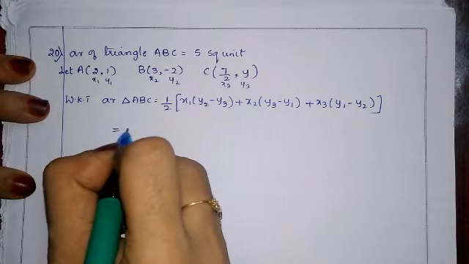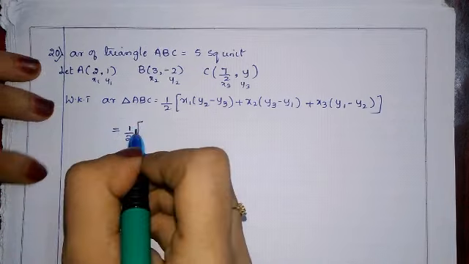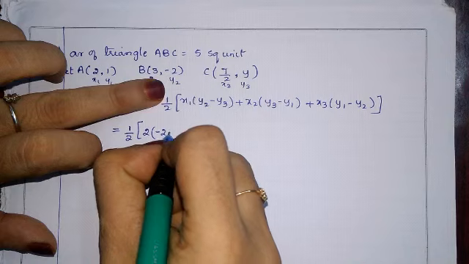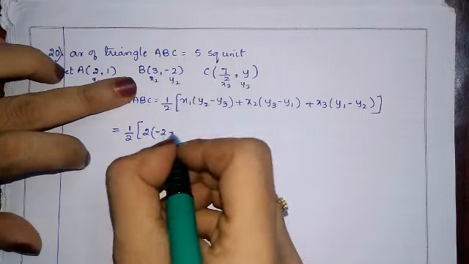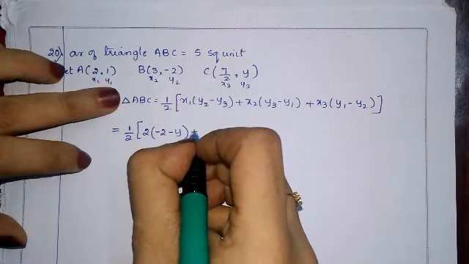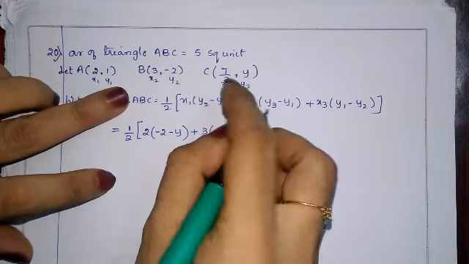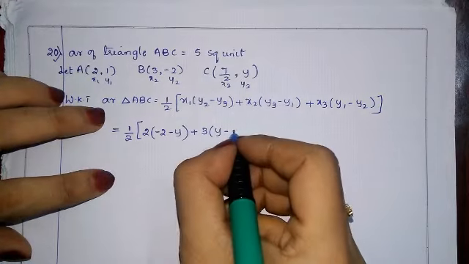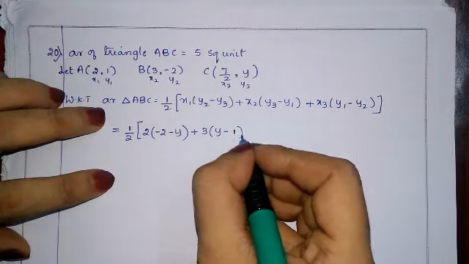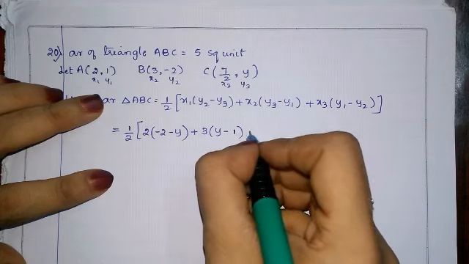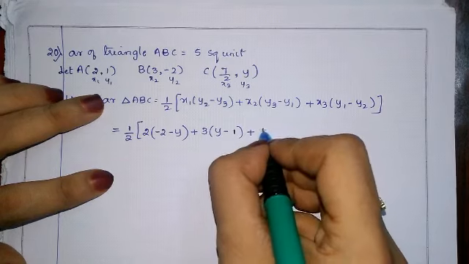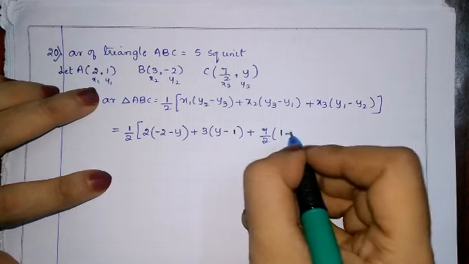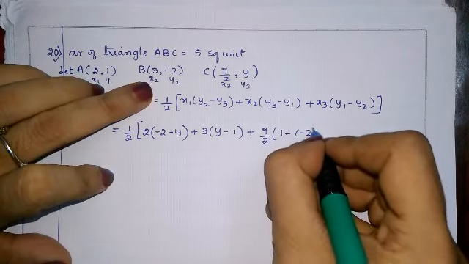So let us substitute now. Half of 2 into (y2 is -2, minus y3 is y), plus 3 into (y3 is y, minus y1 is 1), plus 7 by 2 into (y1 is 1, minus y2 is -2).